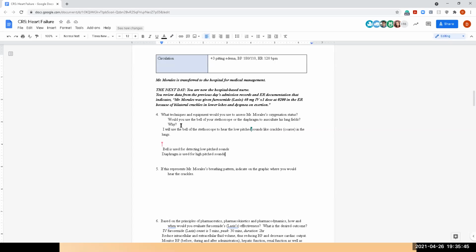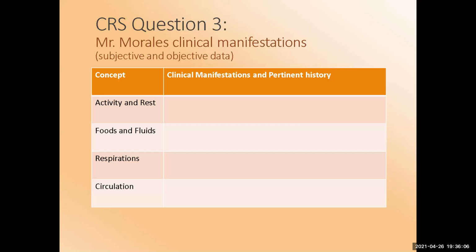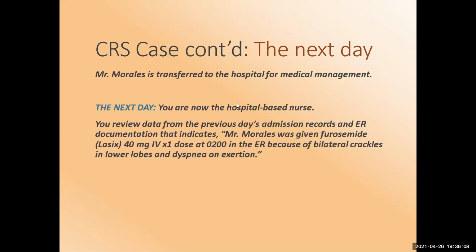Yeah. What the question is asking you is basically just to give a reason why you would choose that, right? So if we say Armel said she would use the bell because she wants to hear it for low pitch sounds. Let me go over here because I have a slide.